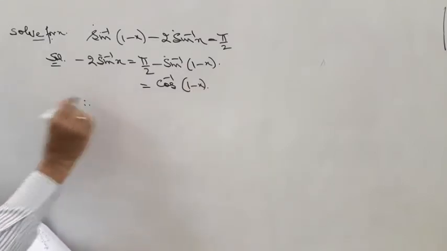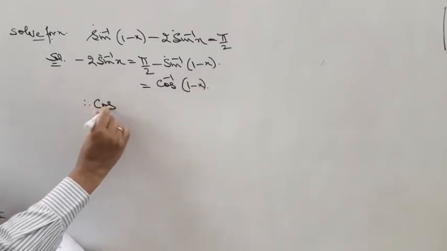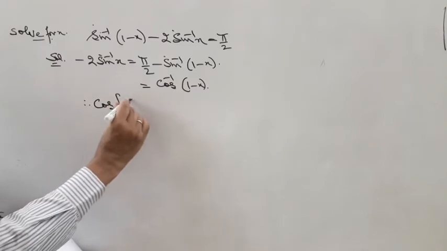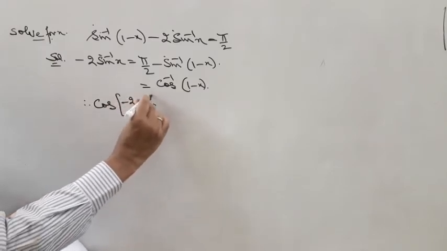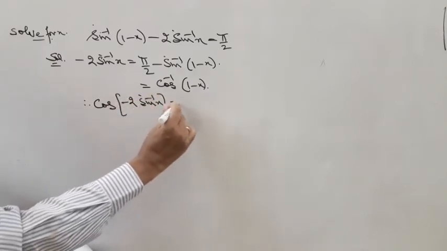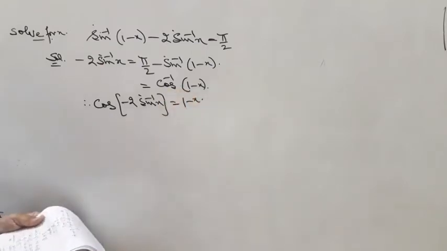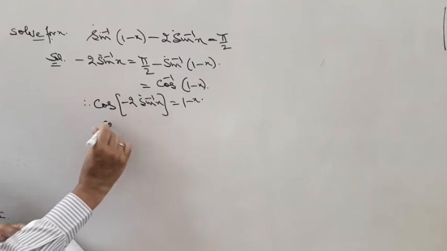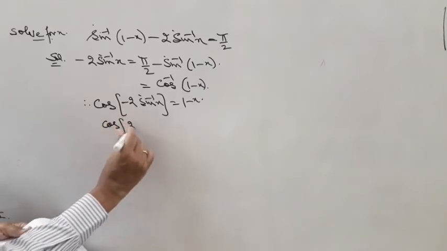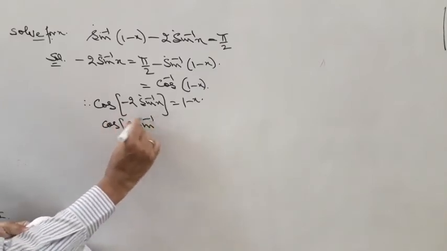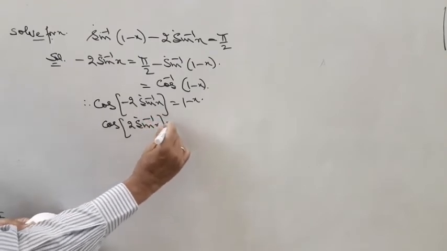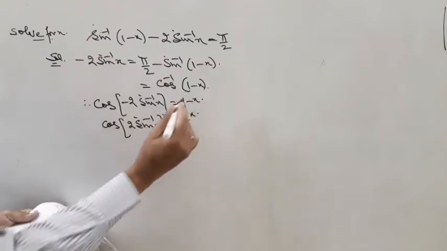And therefore cos of minus 2 sine inverse x is equal to 1 minus x. Cos minus is cos, so it is cos of 2 sine inverse of x is equal to 1 minus x.